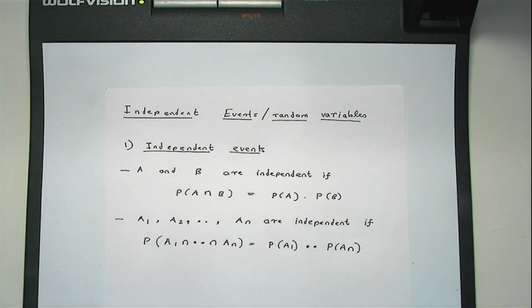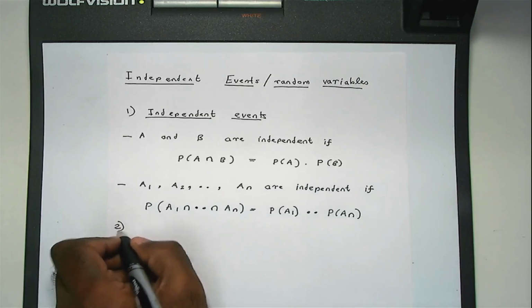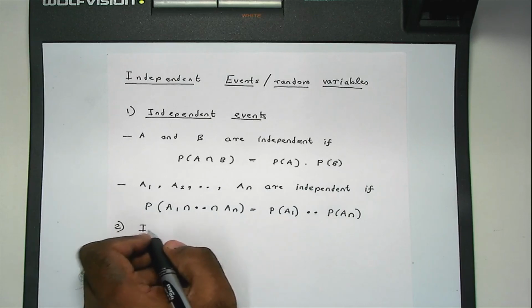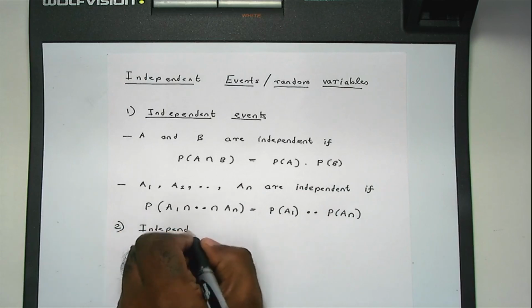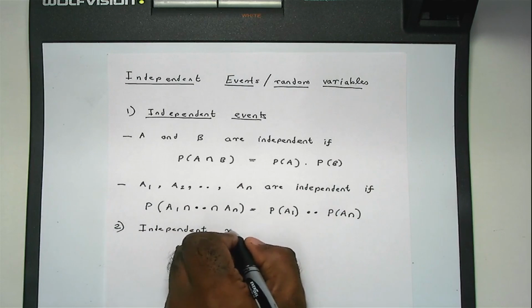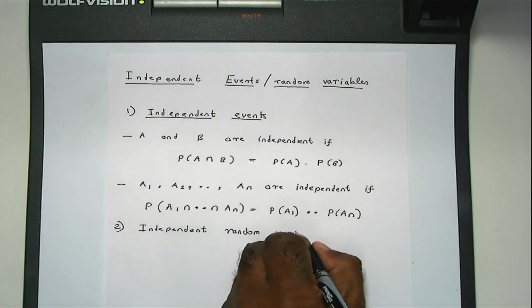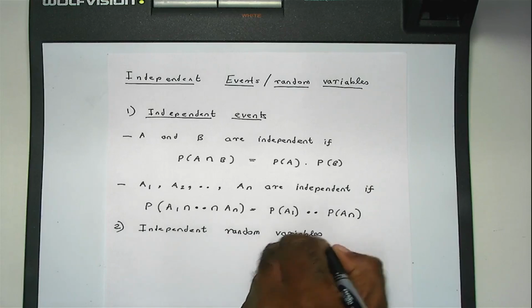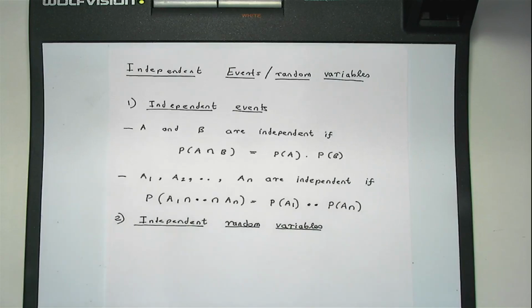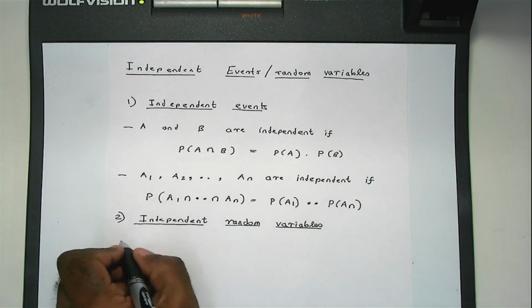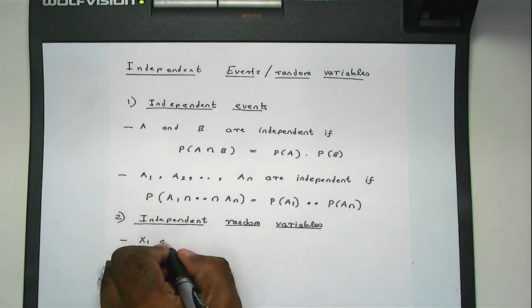Now let's see how we can define independence of random variables. Right, now suppose you have two random variables, say x1 and x2.